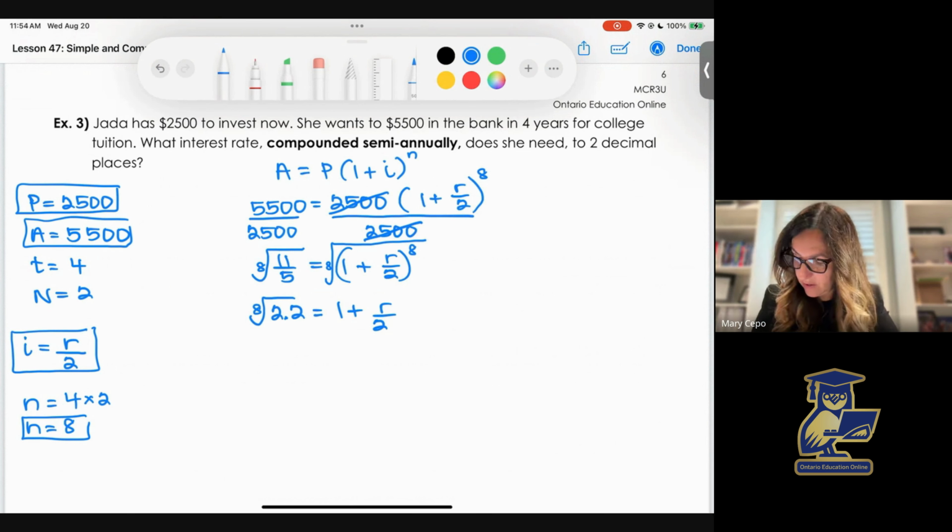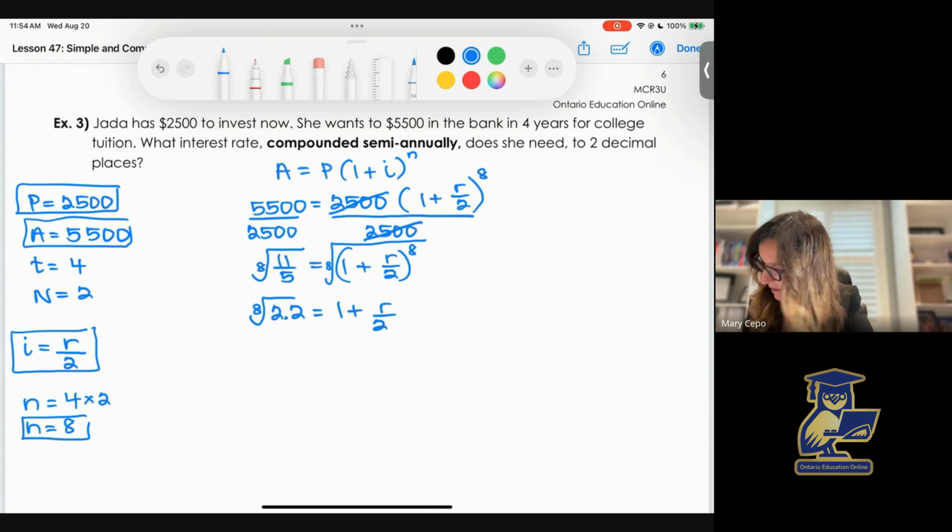If I take the 8th root of 2.2, or 11 over 5, I get 1.103577494 is equal to 1 plus r over 2.